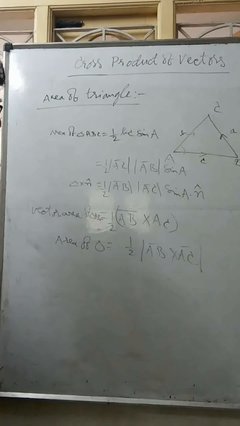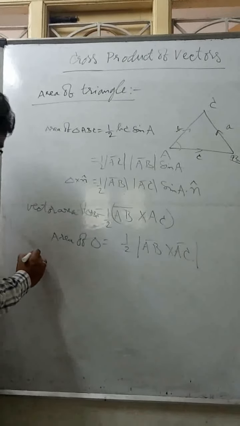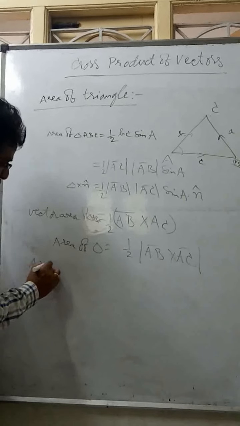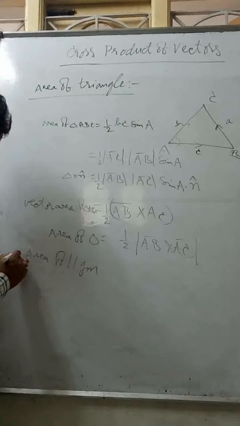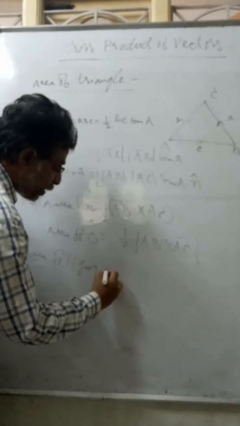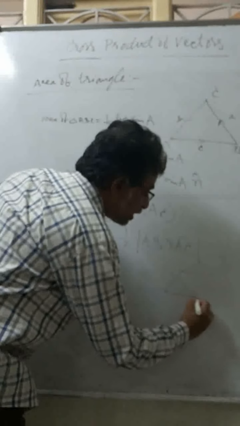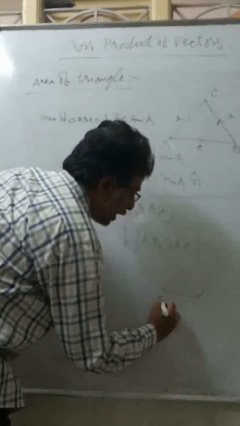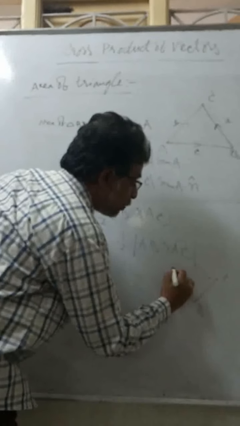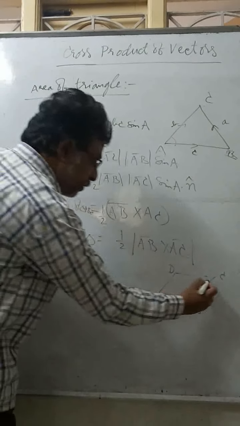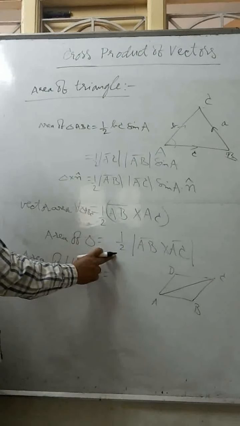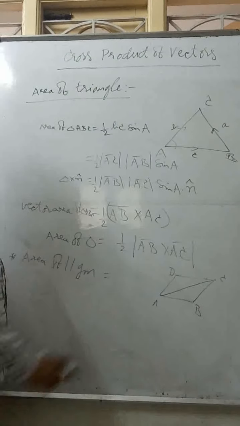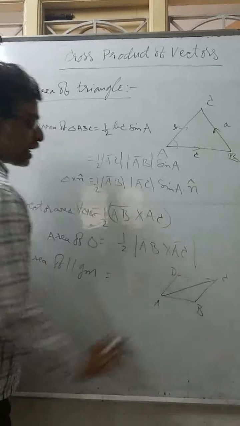From this we can find the area of a parallelogram also. Area of parallelogram, an important point we can write. If ABCD is a parallelogram and I take ABC as a triangle, the area of this triangle is half AB cross AC, and the area of the other triangle is half AD cross DC.